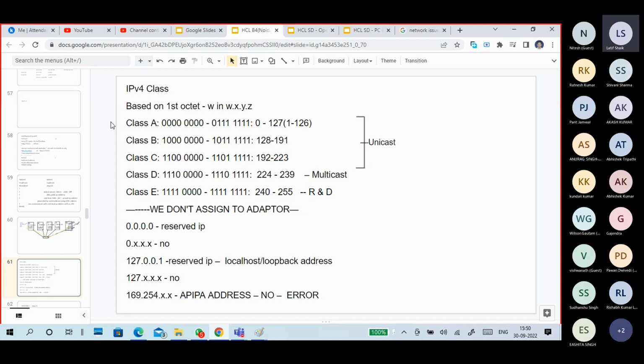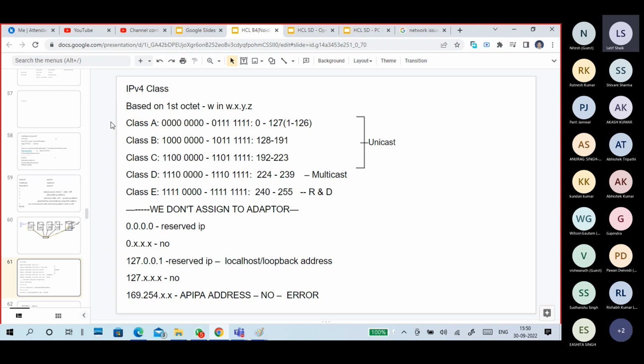Okay guys, class A, class B, class C: 0 to 127, 128 to 191, 192 to 223, 224 to 239, and 240 to 255.